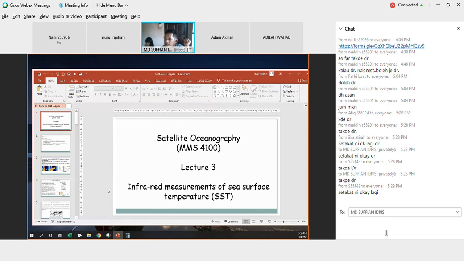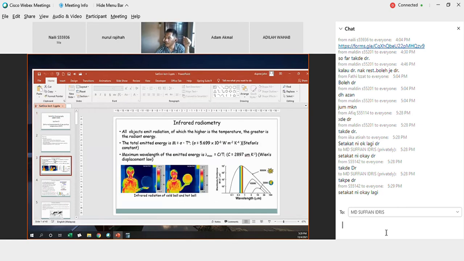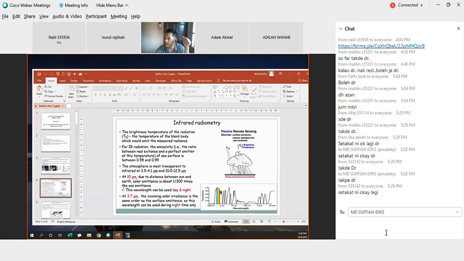And number three, the difference between 10 micrometer wavelength and 3.7 micrometer wavelength. Why can 10 micrometer or 3.7 micrometer wavelength not be used during daytime.